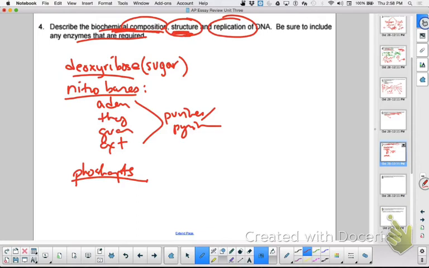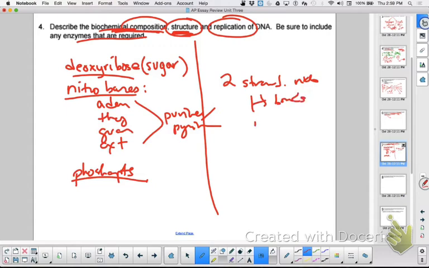The structure is, you're going to tell me what for the structure? I would say 2 strands of nucleotides, held together by H bonds.